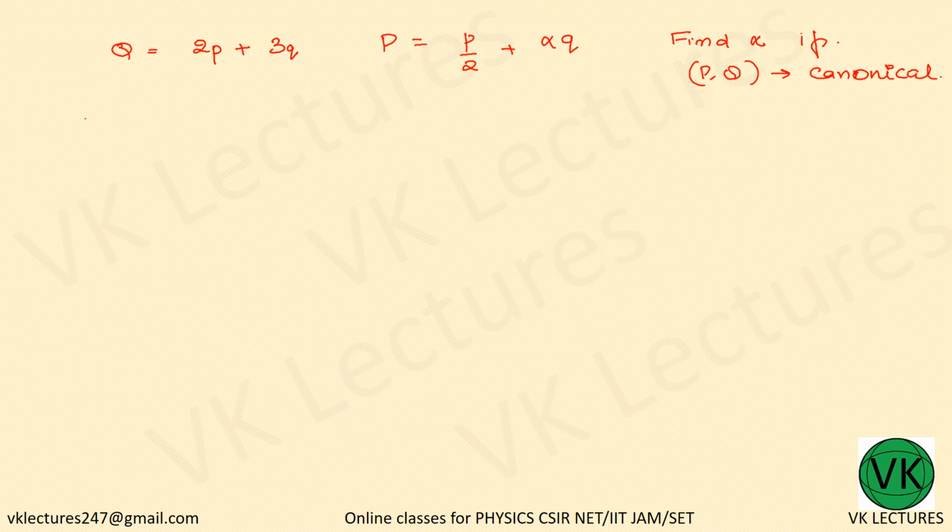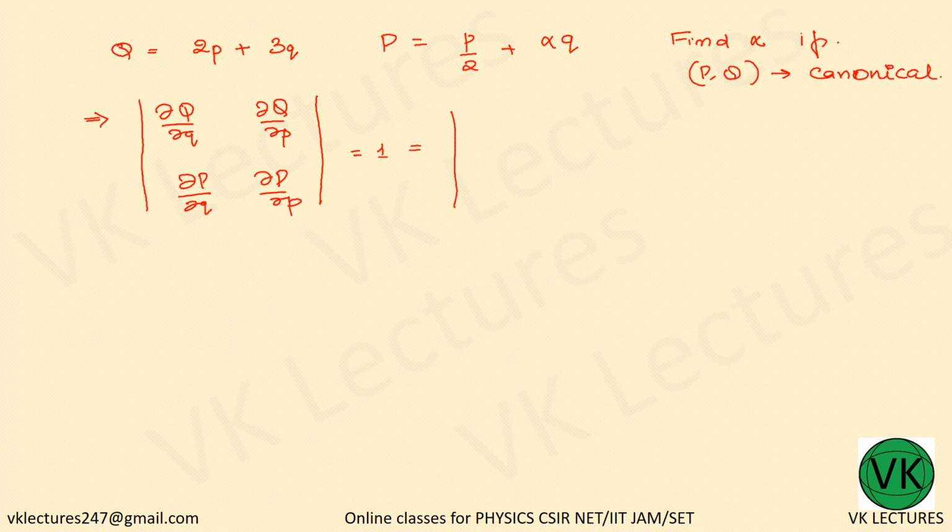Applying the Jacobian, ∂Q/∂q, ∂Q/∂p, ∂P/∂q, and ∂P/∂p is equal to 1. So we have, what is ∂Q/∂q?